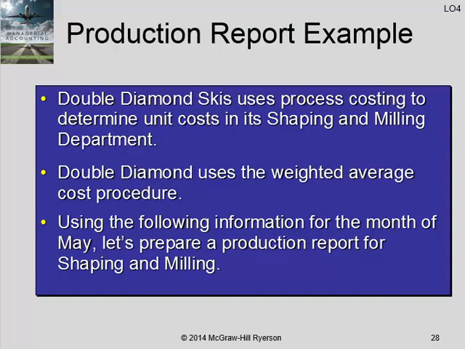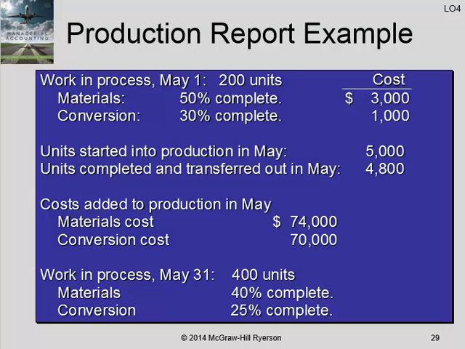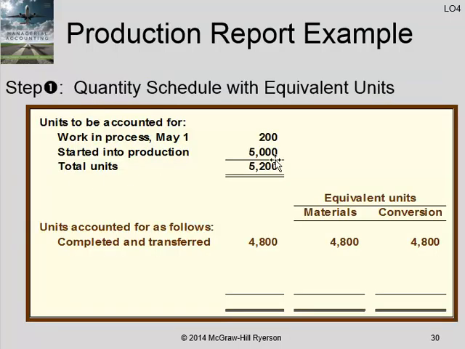Shaping and milling is a single department. Anyway, here's some basic information that we're given in order to prepare our production report. So the first bit is, what do we have to track? This is that physical unit flow, beginning work in process plus what we started. And then we've got what we've transferred out.